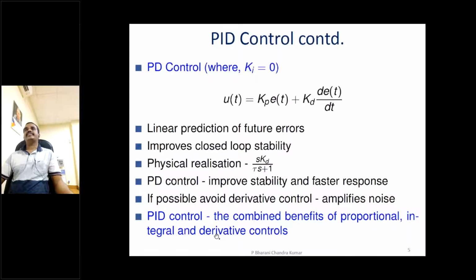In industries, in real life applications, 90 to 95% of controllers are PID controllers. And out of these, again 85 to 90% of cases use only PI control. That means they keep the derivative term zero due to the practical limitations of the derivative term that we discussed now.